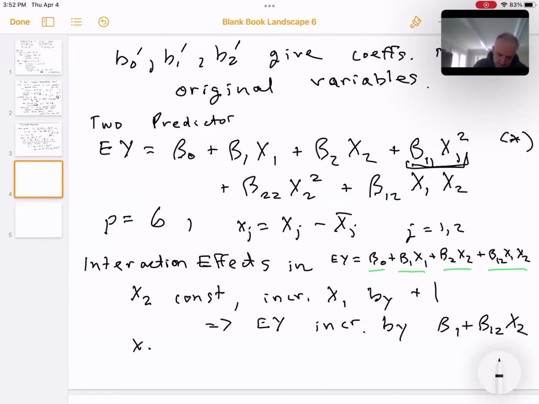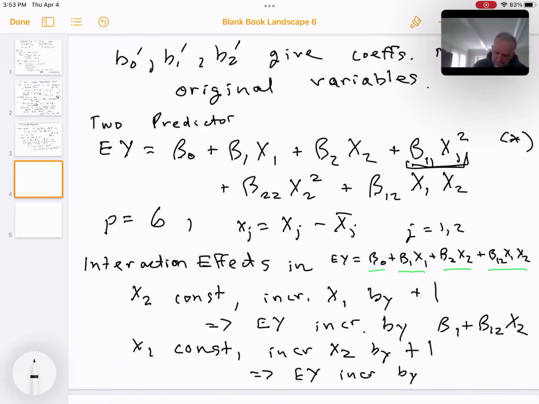And if x1 is constant and we increase, say, x2 by 1, then E(Y) increases by, you want to try? By beta 2, right?